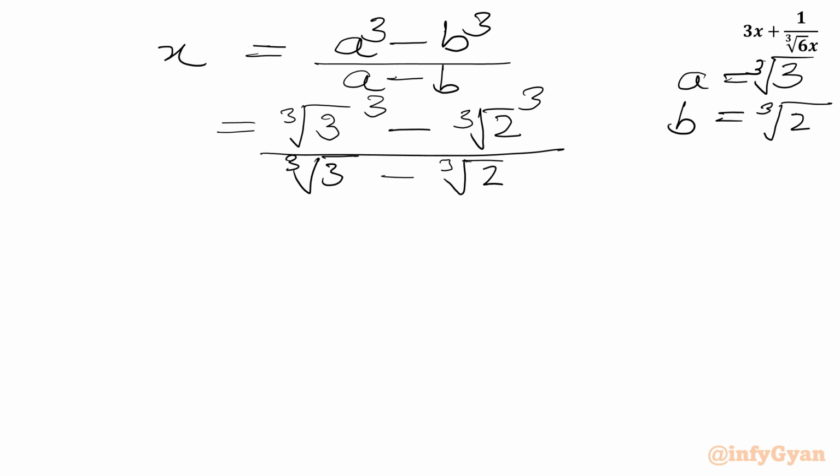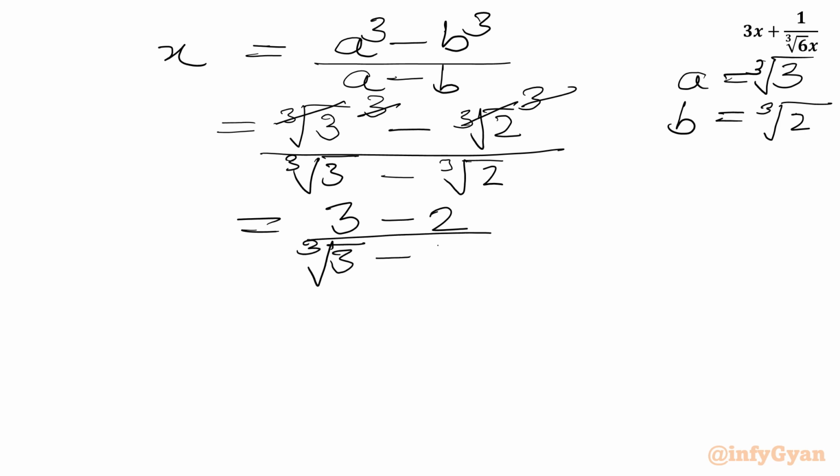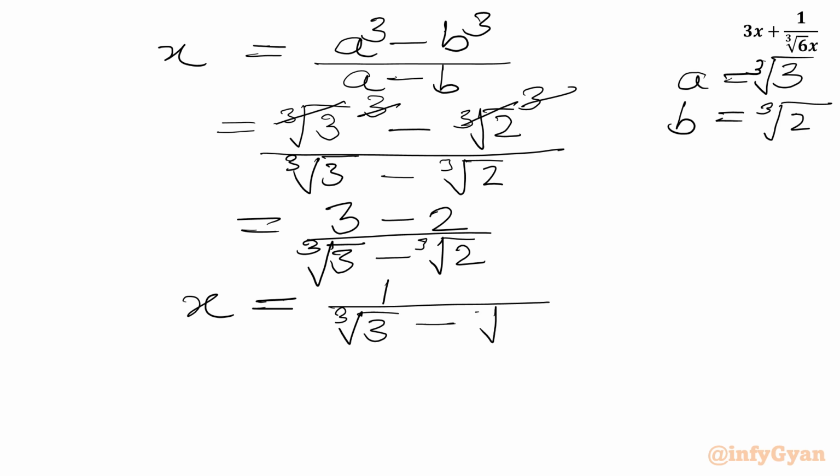Now cube root and cube will be over, so the numerator will come out 3 minus 2. The denominator is cube root 3 minus cube root 2. Or we can write x will be equal to 1 over (cube root 3 minus cube root 2).